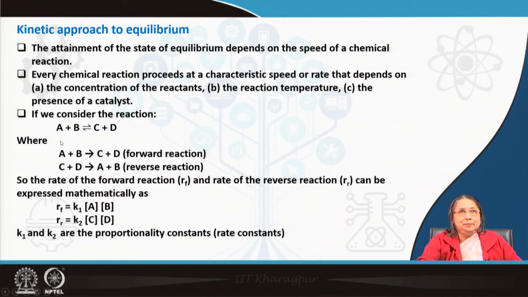That means A plus B going to C plus D is the forward reaction, and C plus D giving A plus B is the reverse reaction.